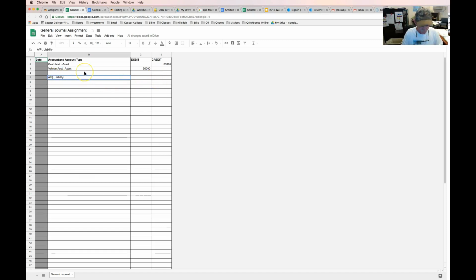Accounts payable, I might even call it accounts payable farrier. We're going to increase that. Would that be a debit or a credit? Go back to our T account and our cheat sheet. It's the opposite of an asset account, a liability account, as far as the debits and credits goes. So in order to increase a liability account, we're going to have to credit it. All right? I'm not going to give you the exact amount, but you're going to put that number right there.